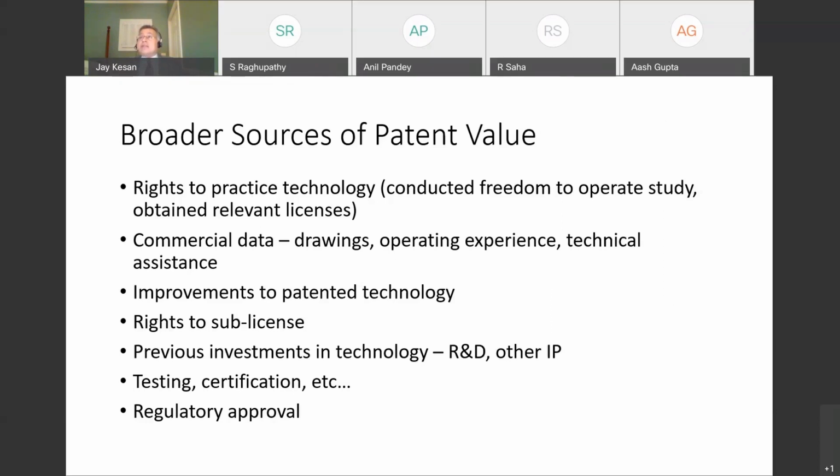Do you have certain rights to sublicense the patent? If you do, then that's also valuable. Have you done this sort of testing in this field before? You are an established player, and so there's reason to believe that you know how to take this patented technology to market. That's a value. Similarly, of course, testing, certification, and regulatory approval, these things also drive value.